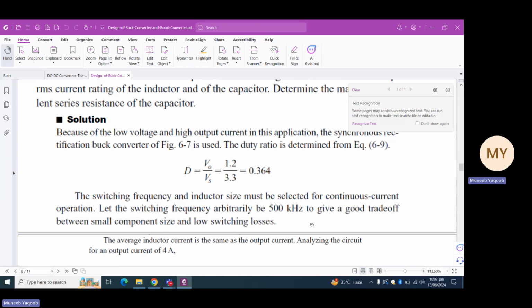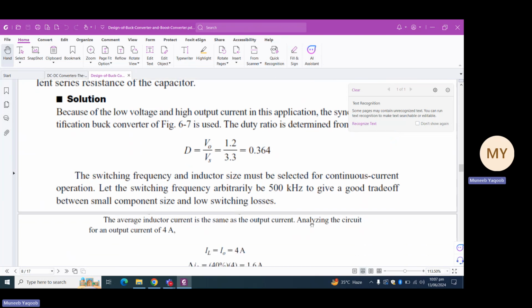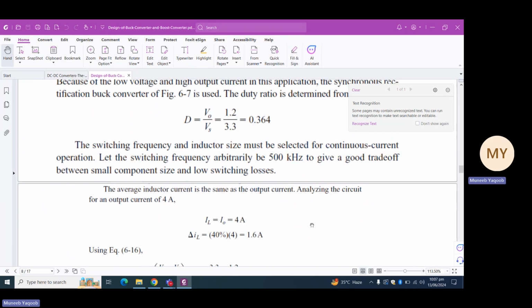So we were saying that using that output voltage V out and the supply voltage Vs, we calculated this duty cycle as 0.364. Now, assuming that the frequency is 500 kilohertz, we use the minimum value of current that was given as 4 ampere.